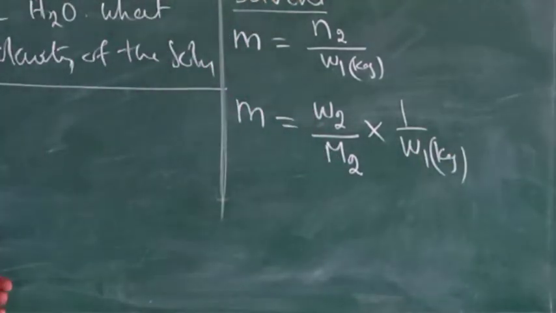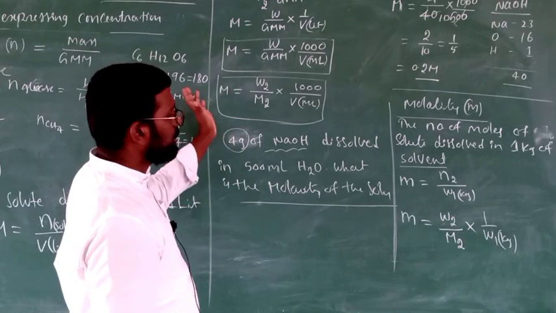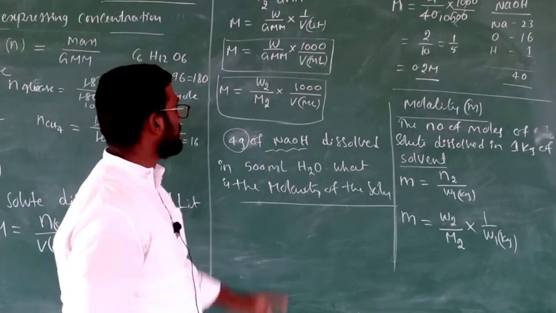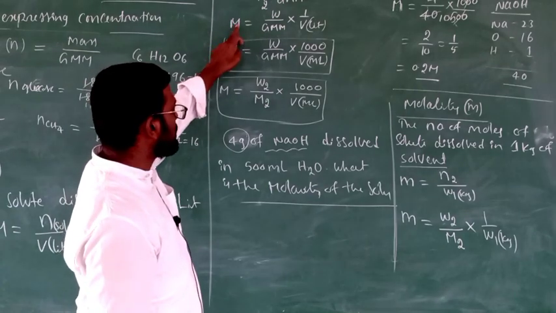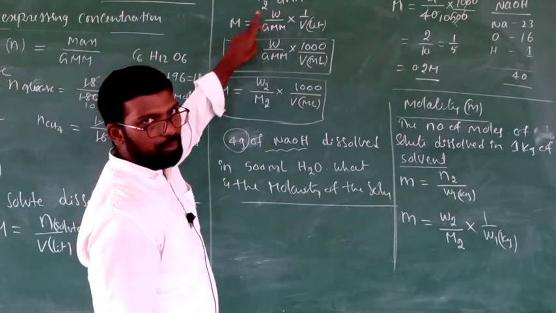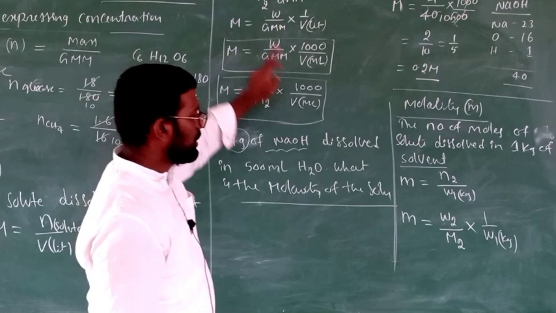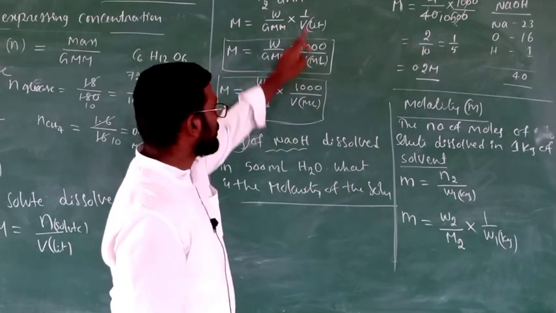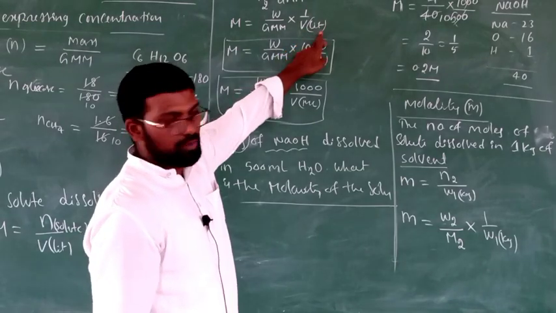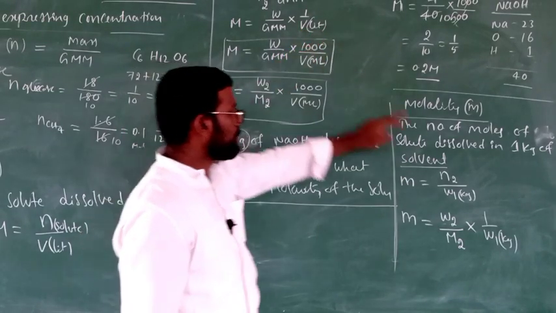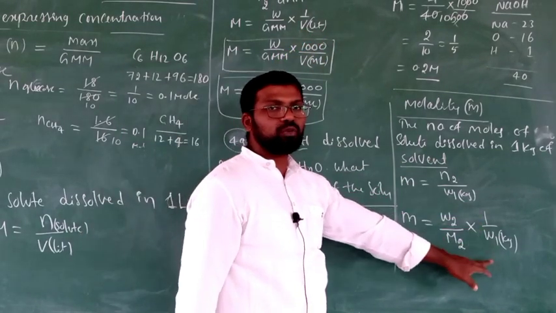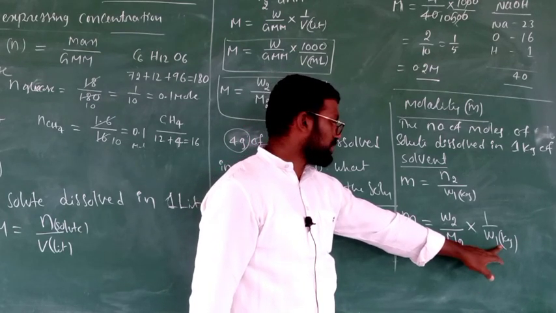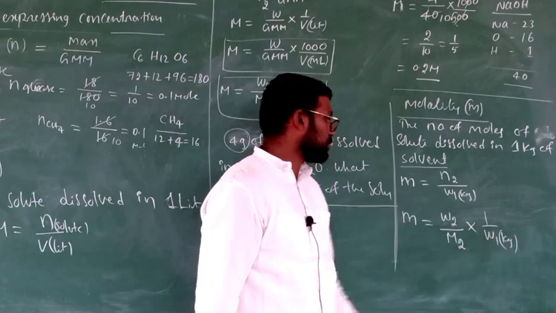If you observe the molarity formula and the molality formula, you can find a similarity. Here molarity is equal to mass of the solute by gram molar mass of the solute. Here also it is mass by gram molar mass. No change. Here it is 1 by V in liters, volume of the solution in liters, but here 1 by W1 means, W means weight or mass, 1 for solvent, mass of the solvent in kilograms.